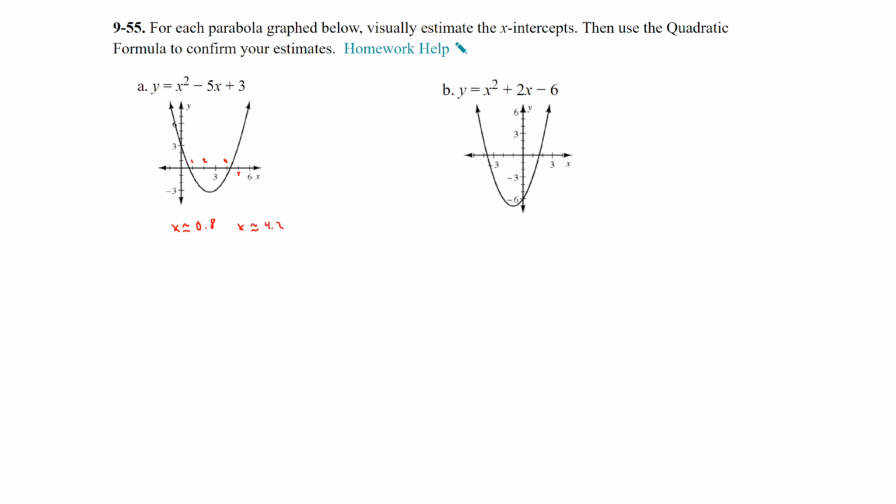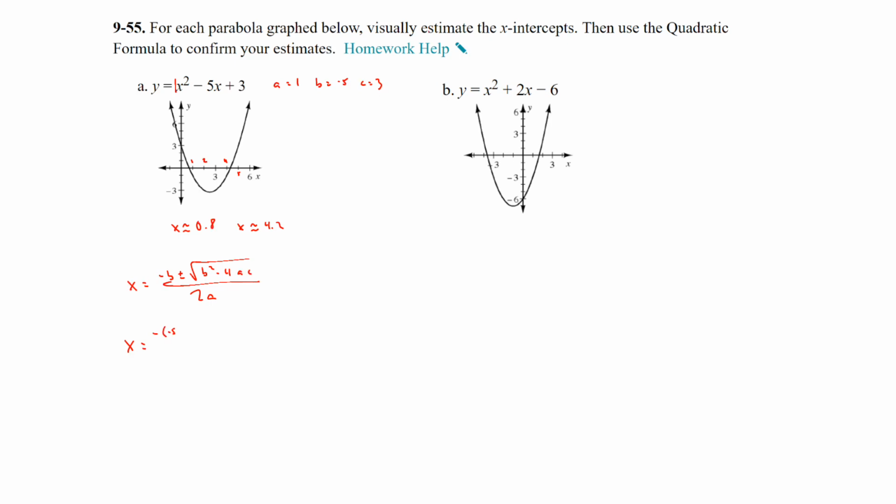But now let's actually use the quadratic formula to see how accurate those guesses are. So negative b plus or minus, or the opposite of b plus or minus, the square root of b squared minus 4ac, all divided by 2a. And a is equal to 1, that's the coefficient of x squared. B is equal to negative 5, and c is equal to 3. So those are the values we're going to use to plug into the quadratic formula.